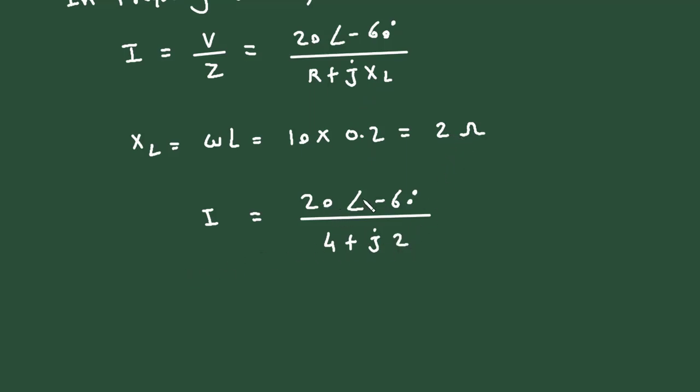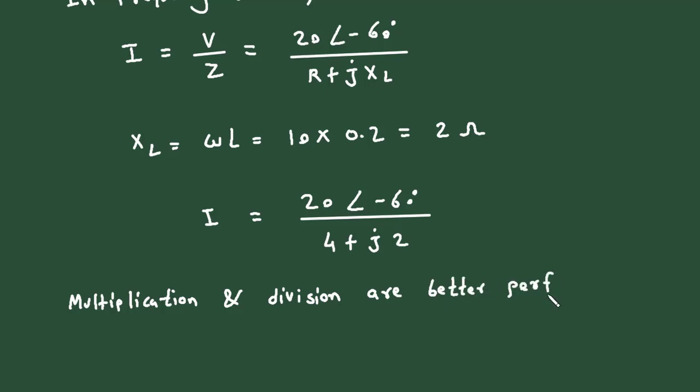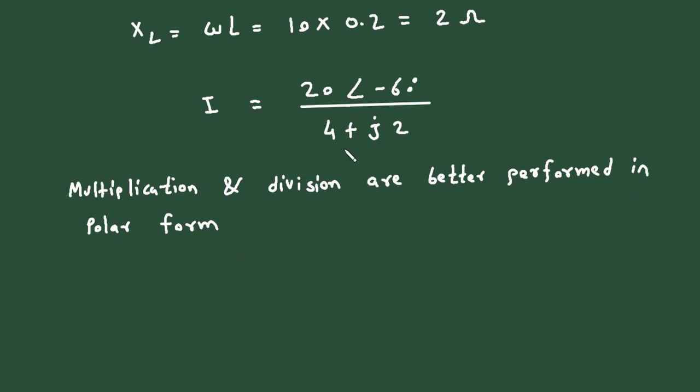Now here the numerator is in polar form and the denominator is in rectangular form, and we know that multiplication and division are better performed in polar form. So here we have to convert this into its equivalent polar form.